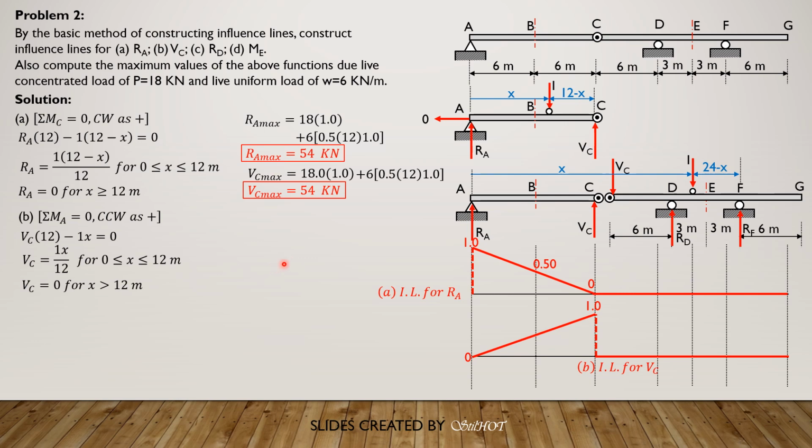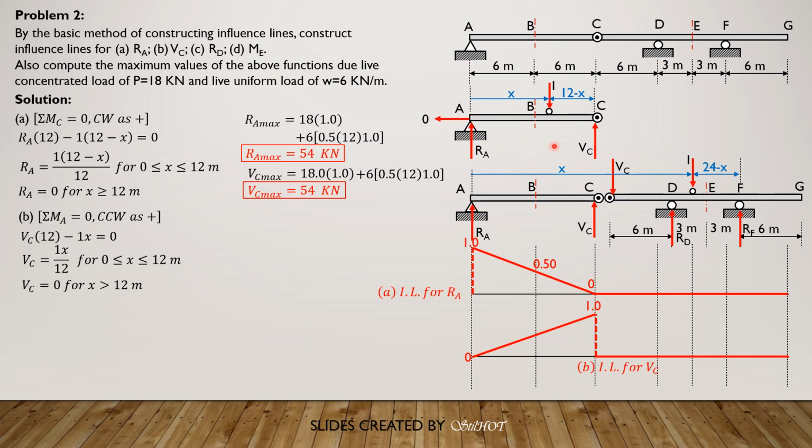Then for reaction at D, next. We have V sub C here from 0 to 12, then 12 to 30 meters, this is the free body diagram, and the unit load will now be here.